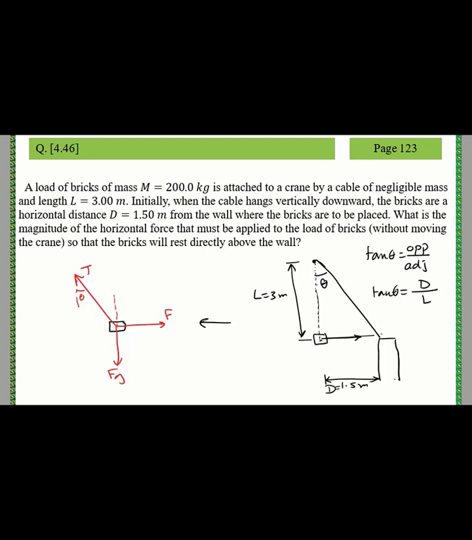So if we draw x-axis and y-axis, this angle should be theta. Now make resolution for the tension. Here is Tx, and on the y-axis Ty.